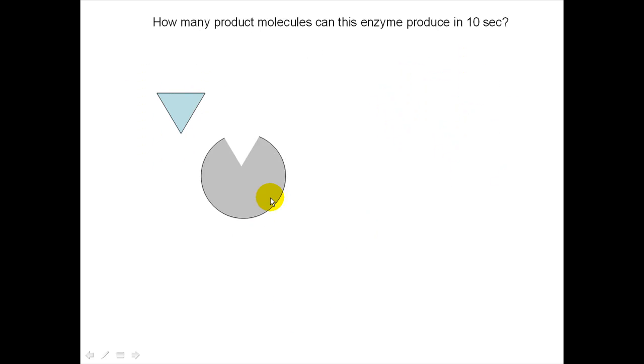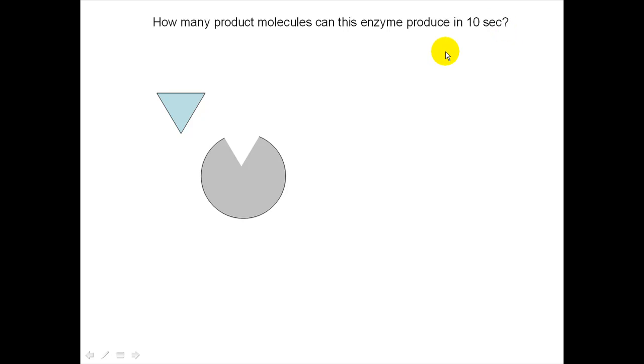Another thing that you looked at in the lab was how increasing or decreasing the concentration of substrate affects reaction rate. One way to define a reaction rate is the amount of product that's produced in a particular period of time. So to illustrate things, let's just pick a period of time, 10 seconds.